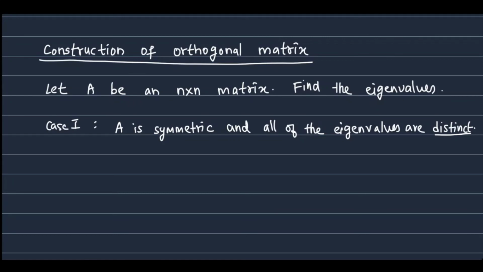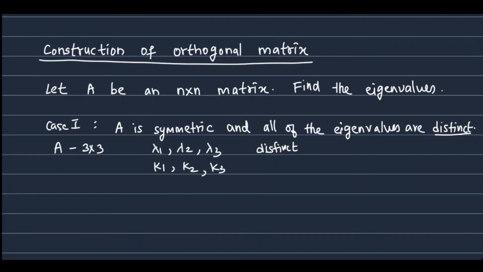For example, suppose A is a 3 by 3 matrix, and we got its eigenvalues as lambda 1, lambda 2, lambda 3, all distinct. So we will find the corresponding eigenvectors k1, k2, k3.